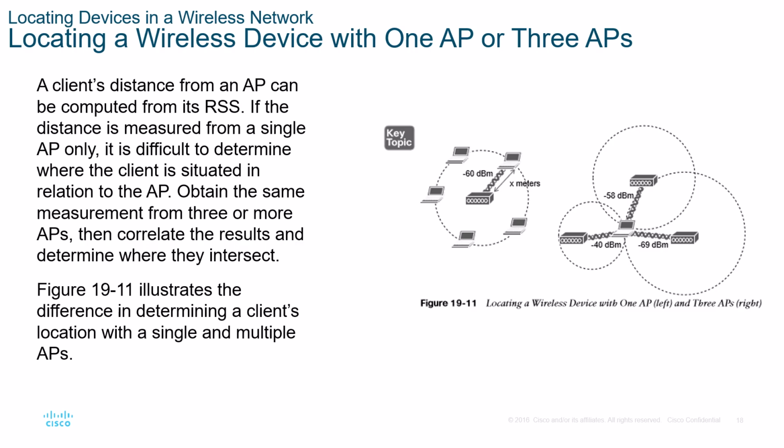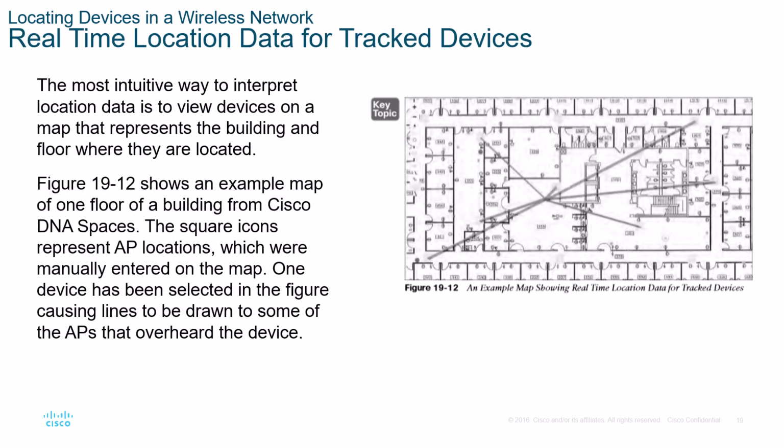However, we can triangulate items so we can see exactly where an item is when we have multiple APs, typically 3, to figure out exactly where an asset is. We also have the ability to look at real-time data tracking when we have multiple APs and you've actually configured the mapping correctly.